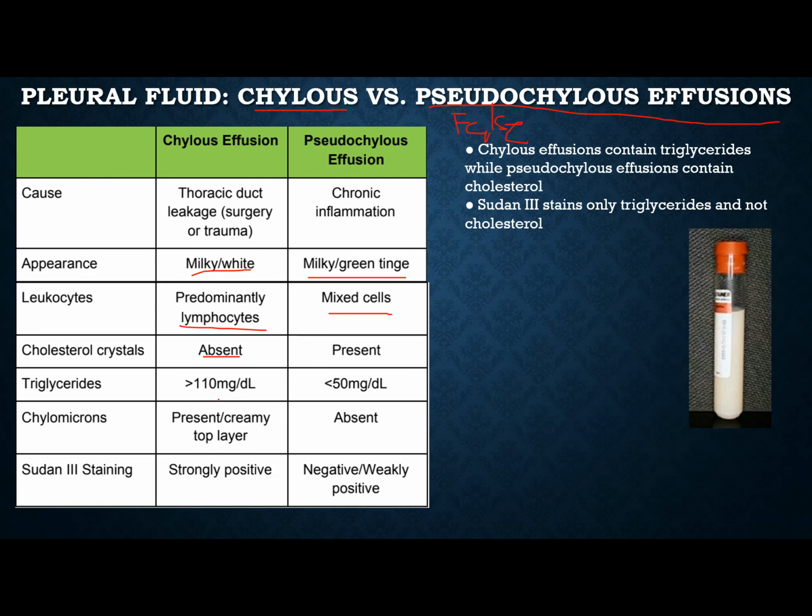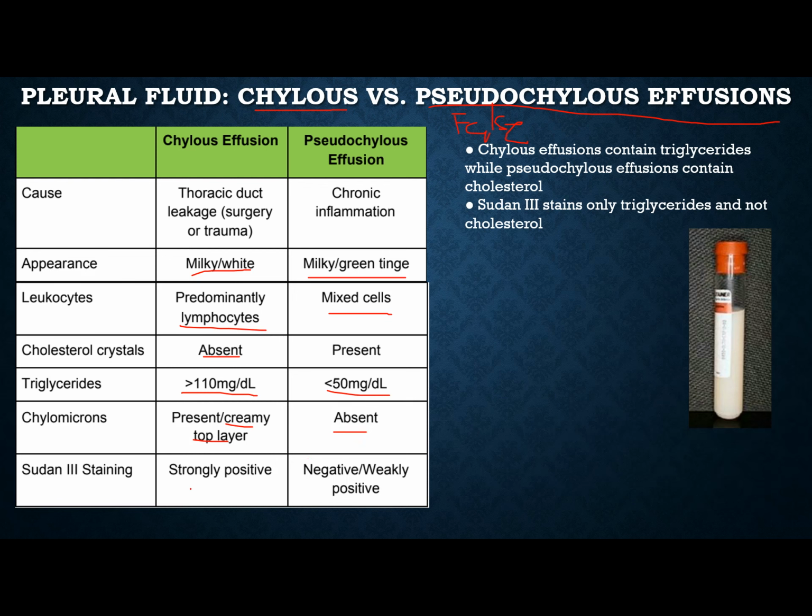If it's a chylous effusion, triglycerides would be greater than 110 milligram per dl. If it's a pseudochylous effusion, less than 50 milligram per dl. If it's a chylous effusion class, chylomicrons would be present, so there would be a creamy top layer. If it's a pseudochylous effusion, there would be no chylomicrons.